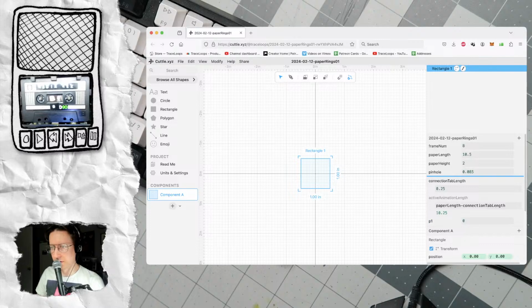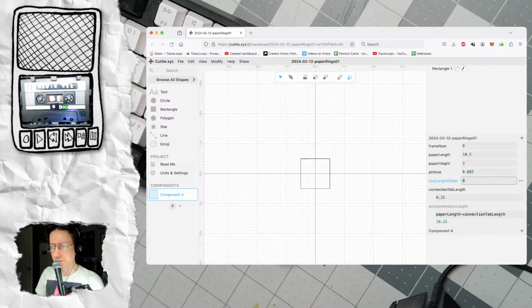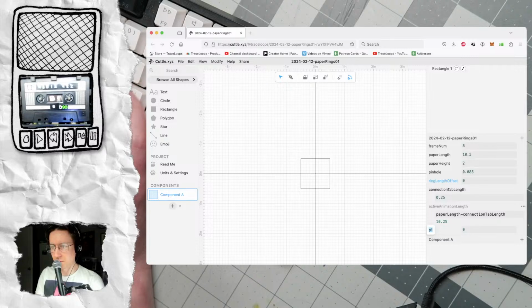This is going to be ring length offset, and let's make this right now. Let me do another thing. This is ring num, which in this case I'm doing 3.